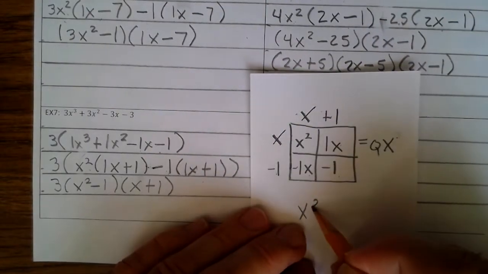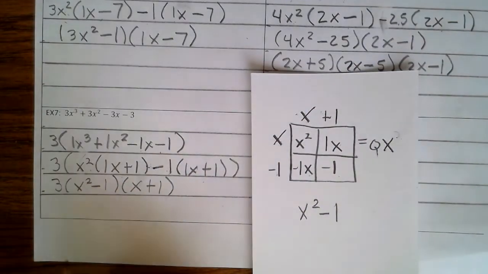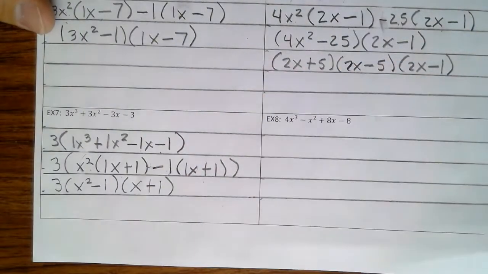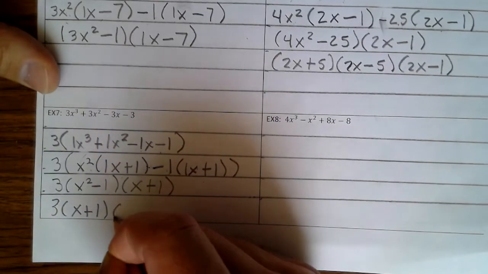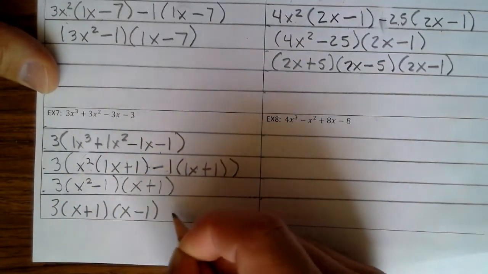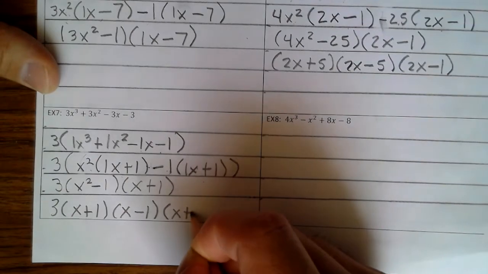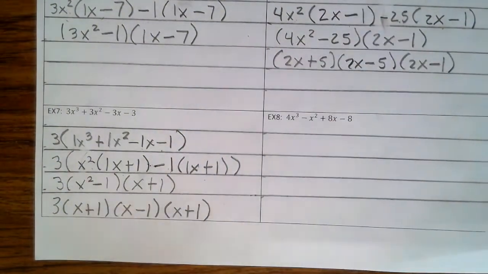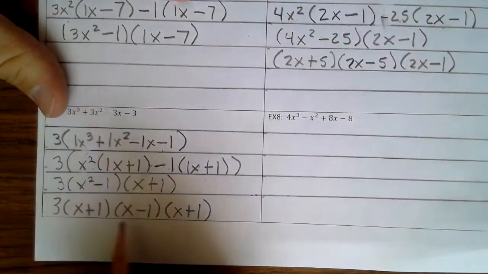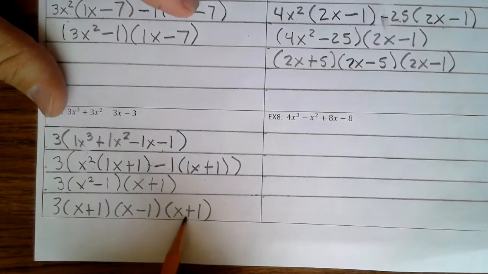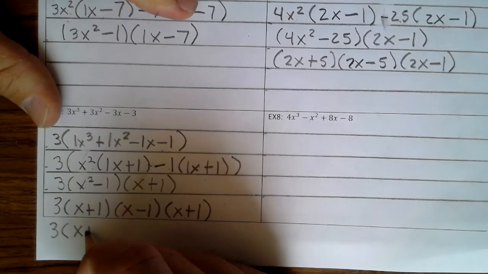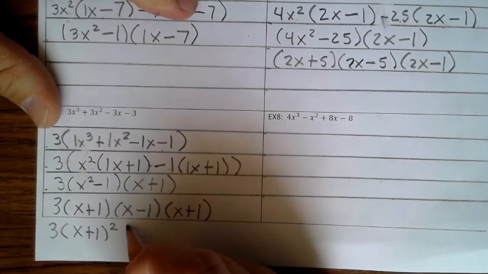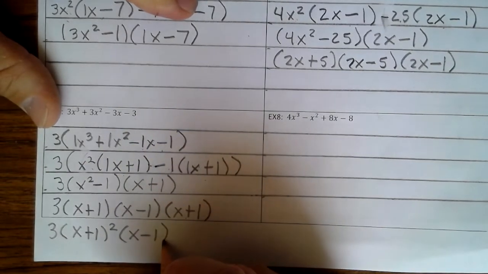So then you're left with x squared minus 1. So this factors to be 3 times x plus 1 times x minus 1 times x plus 1. Which x plus 1 times x plus 1 is x plus 1 squared. So this can be written as 3 times x plus 1 squared times x minus 1.